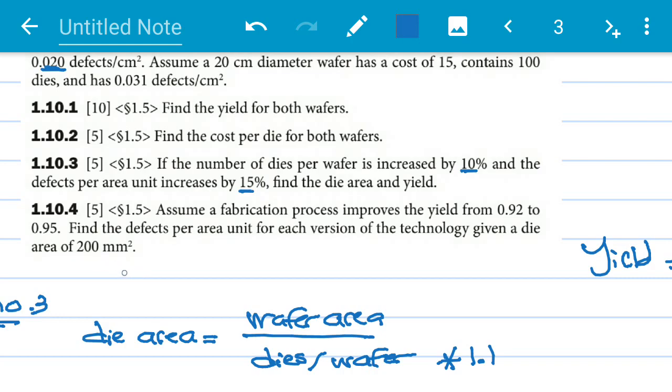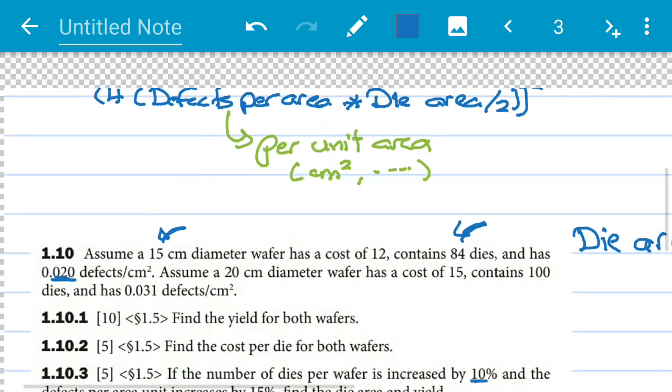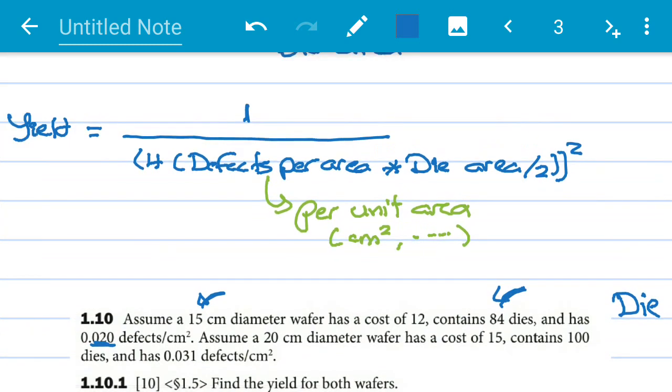So how could we find the defects per area? Here we have the yield is equal to 1 over (1 plus defect per area times the area over 2) all squared.